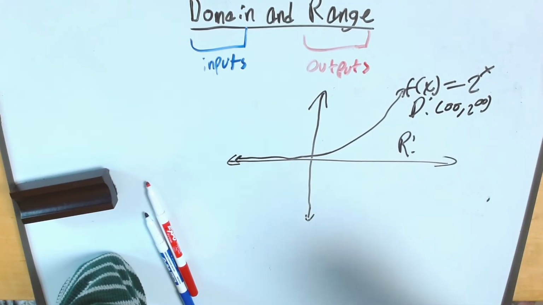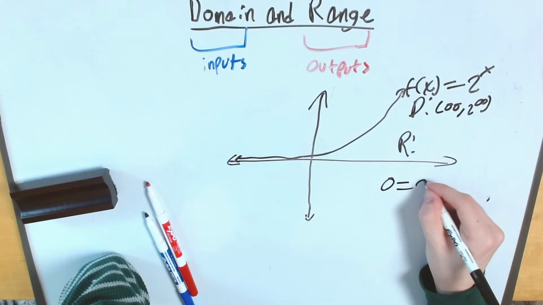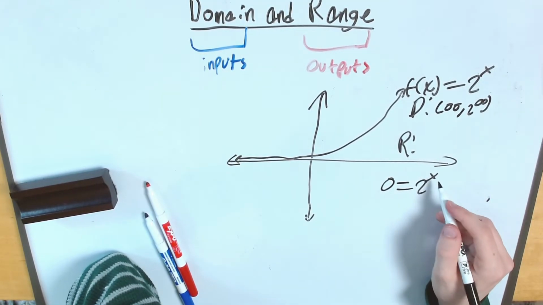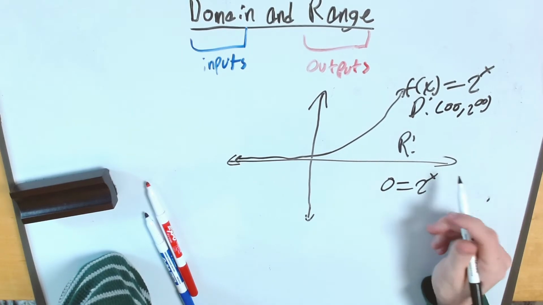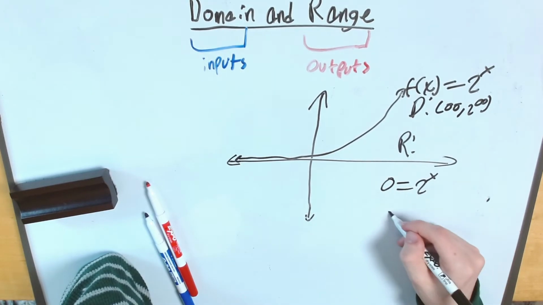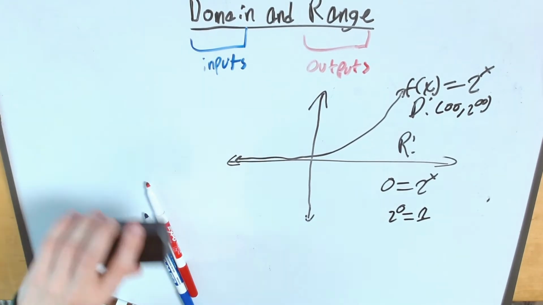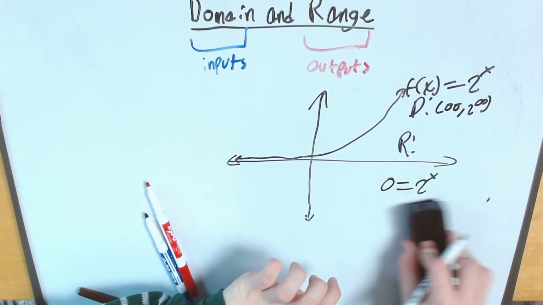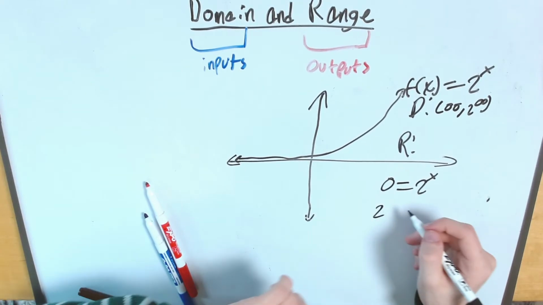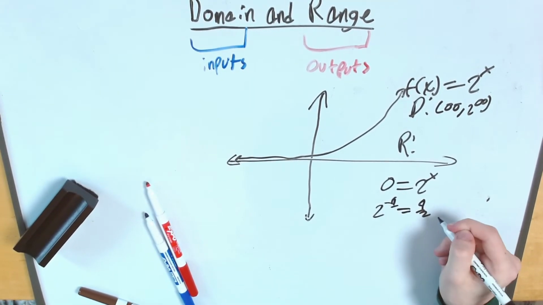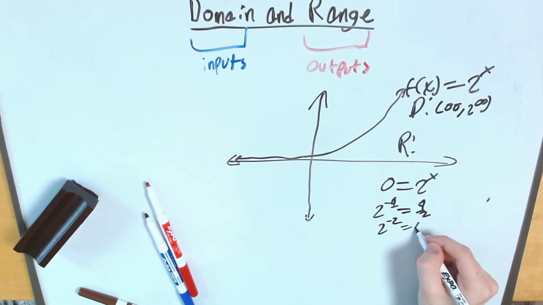We can confirm this by just saying 0 equals 2 to the x, right? What power can I raise 2 to get 0? Well, if I do 2 to the 0, I'll get 1, because anything raised to the 0 power is 1. But on the other hand, if I do a negative exponent, like 2 to the negative 1, that's just 1/2. 2 to the negative 2, that's 1/4.